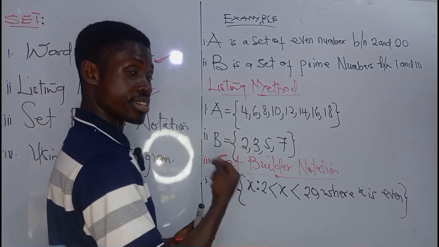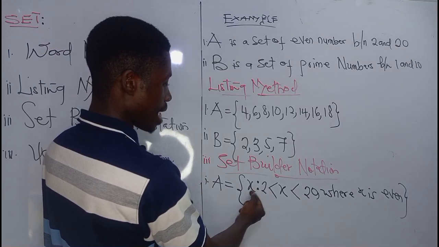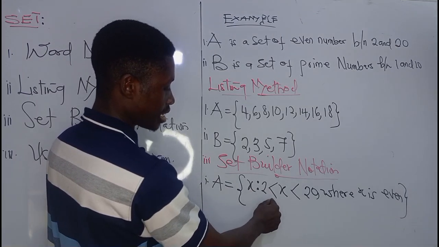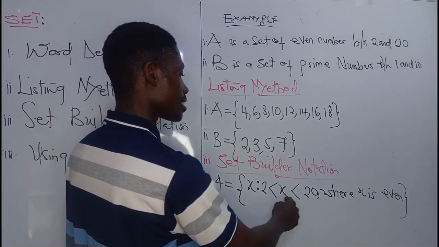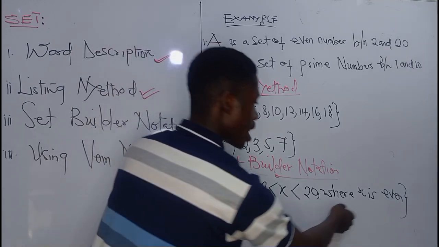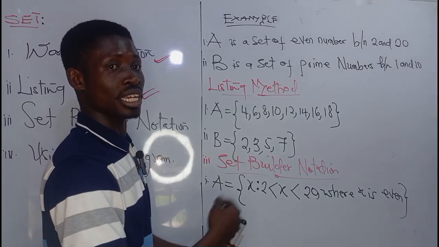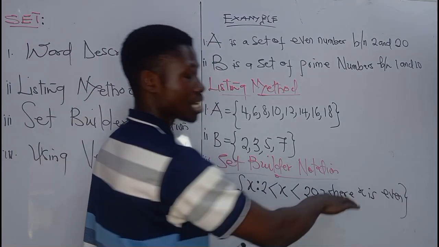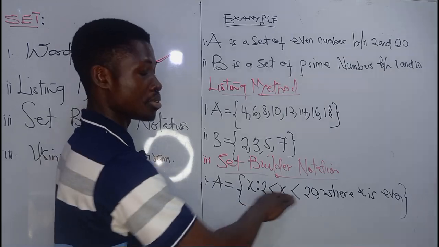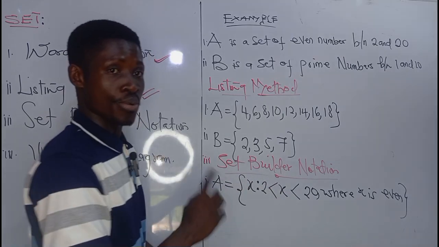This is how it is read: x such that x is greater than 2 and this same x is less than 20, where x is even. It means that all those elements that we are going to list, we have used x to stand for those even numbers between this range.